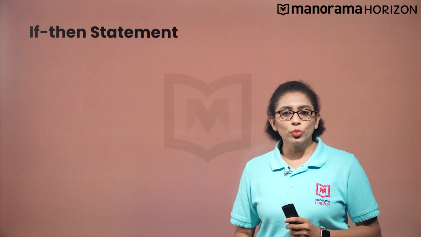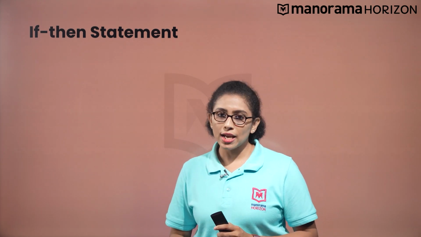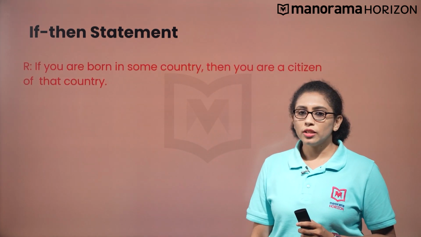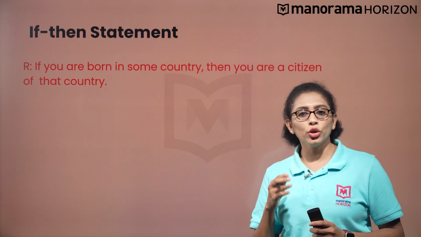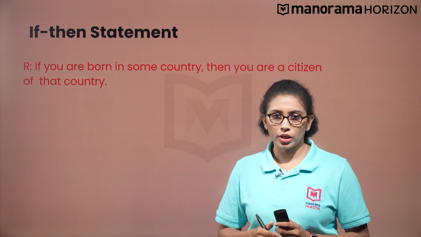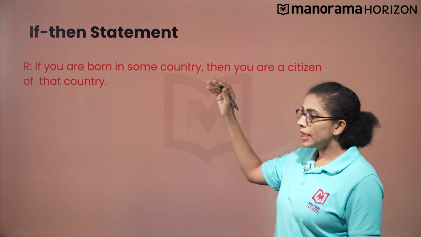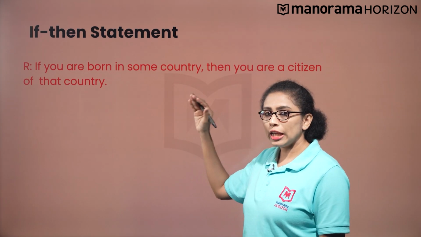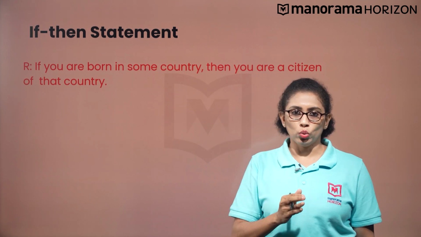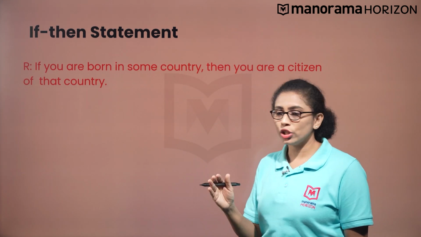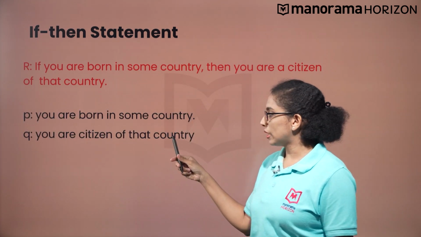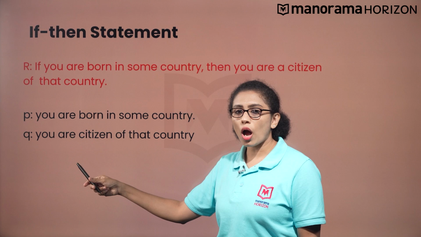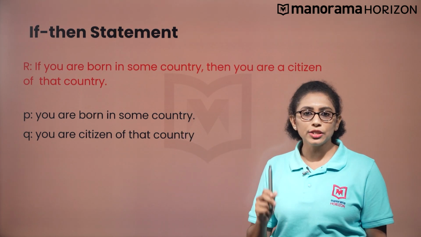First, let us move to if-then statements. Consider the statement, if you are born in some country, then you are a citizen of that country. Now observe this sentence. It is in the form if P then Q. Let us write them separately as two statements: you are born in some country, and the other one, you are a citizen of that country.